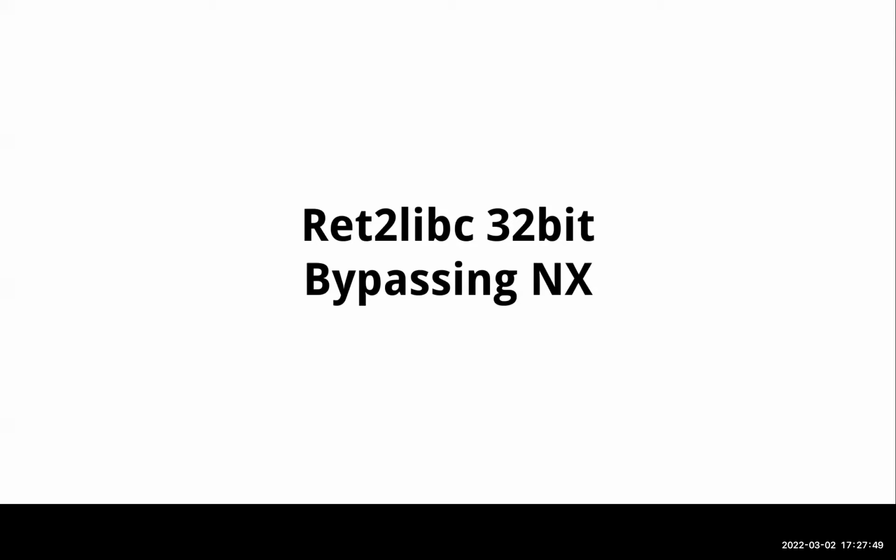So the idea of return to libc, you are actually already familiar with. We just haven't called it return to libc yet. Remember, you have been overwriting the return address to call the print secret function. The print secret function is not in libc. It's our function, right? We developed that as part of the program.